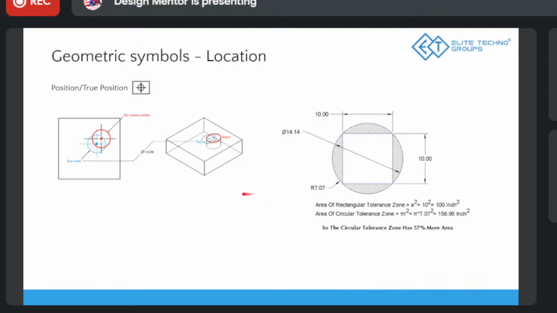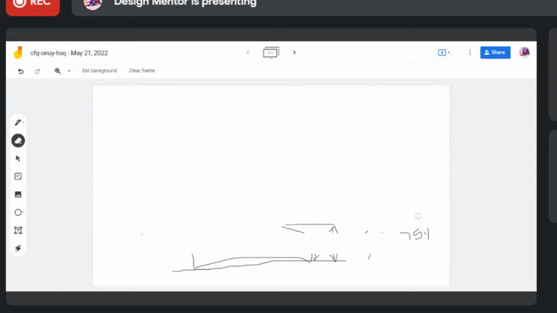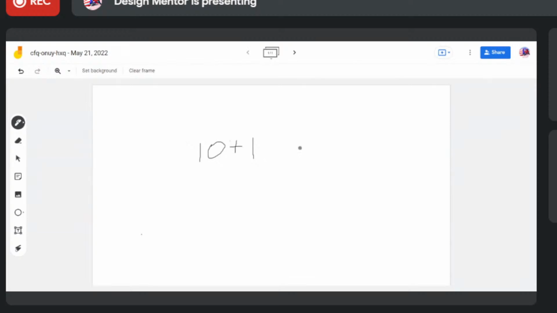If we take, for example, 10 plus minus 1, for the center of a hole, like this.